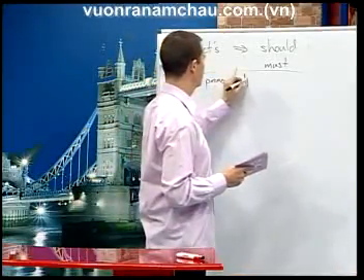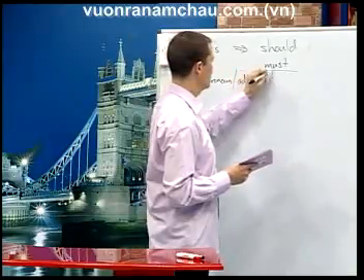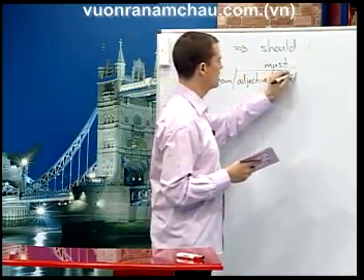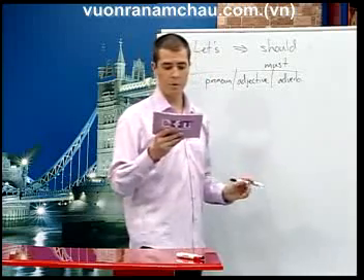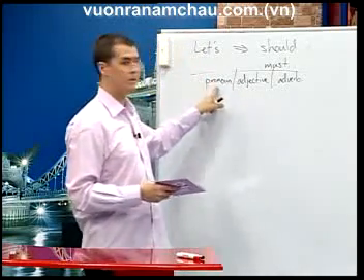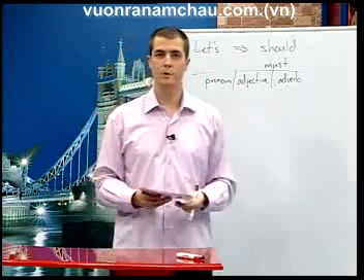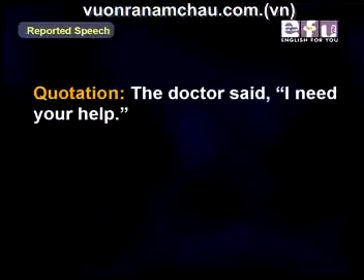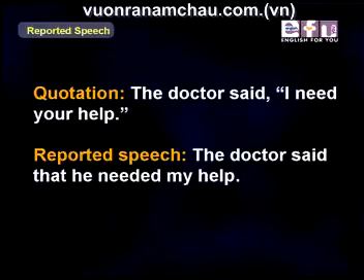Okay, now let's look at pronoun and adjective and adverb changes in reported speech. First, let's look at pronoun changes. Here are some examples for you to look at. Quotation, the doctor said, I need your help. Reported speech, the doctor said that he needed my help.